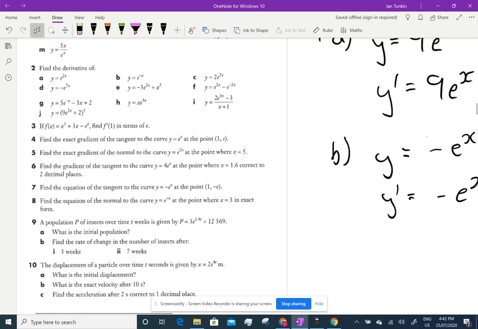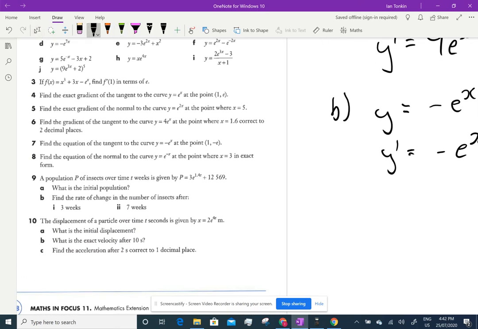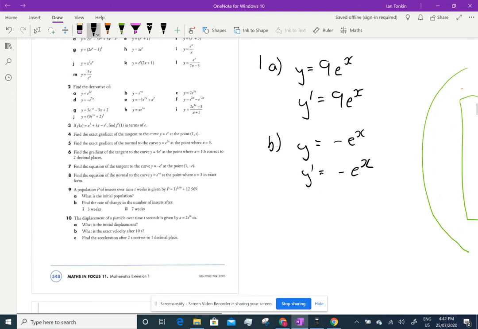So if I look at 2a, where we have y equals e to the 2x, well, it's the same thing, e to the 2x, multiplied by the derivative of the exponent. Well, the derivative of 2x is 2. And I'm going to put it out the front.